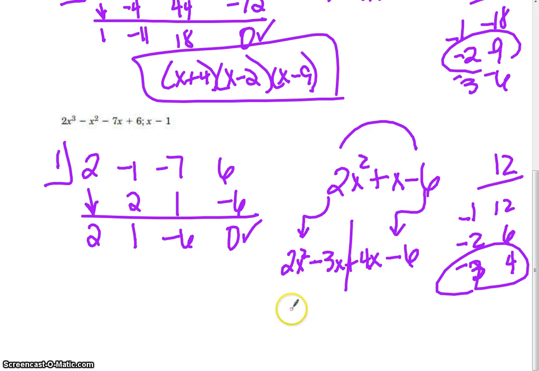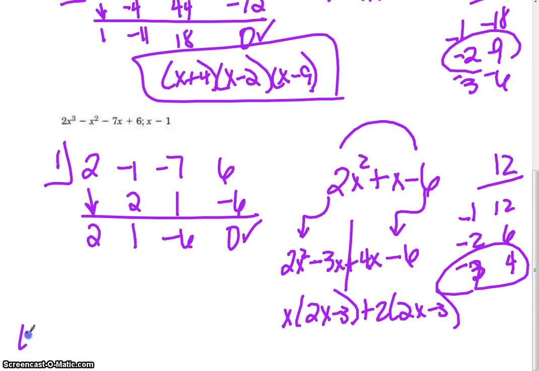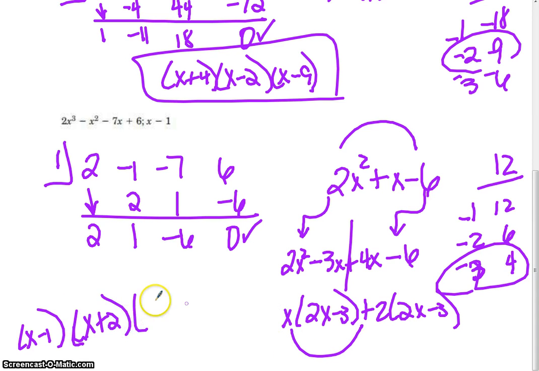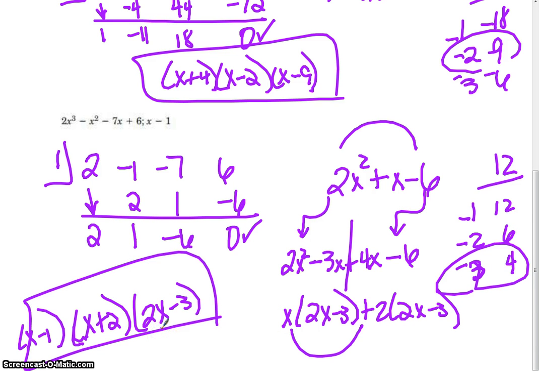You're going to cut it in half. You're going to pull out an x, and it leaves you 2x minus 3. Plus, you're going to pull out a 2, and it leaves you 2x minus 3. So we proved that x minus 1 was a factor. We now know that x plus 2 is also a factor, and that 2x minus 3 is a factor.